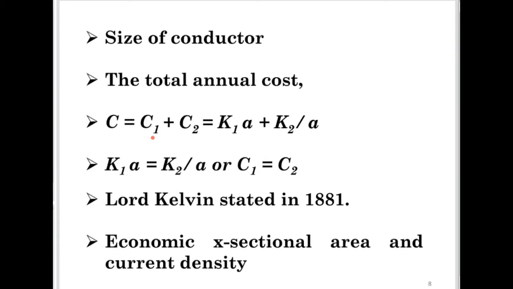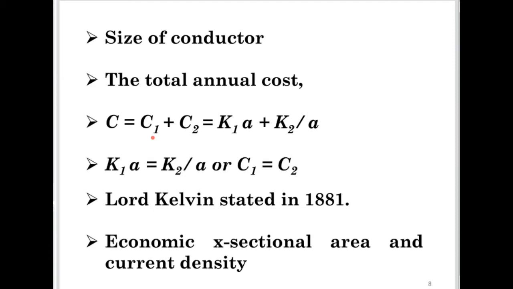But if we choose a smaller cross-sectional area of the same length and the same resistivity material, what will happen to the resistance?